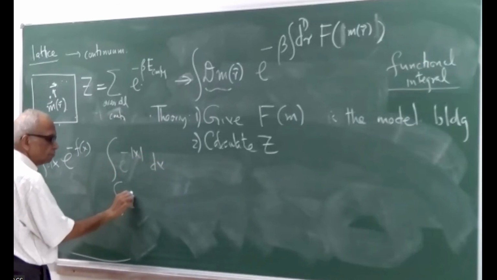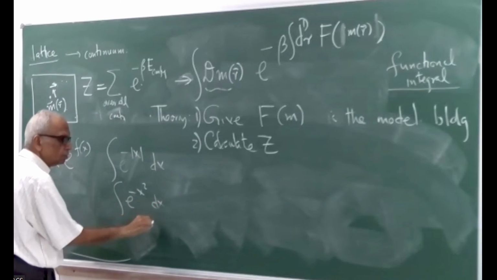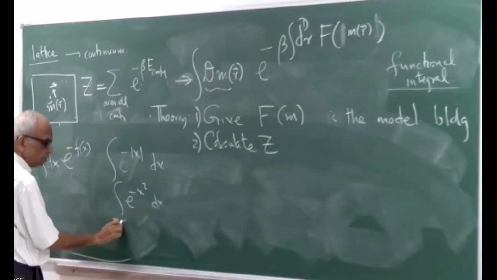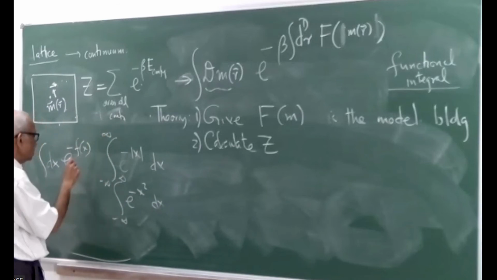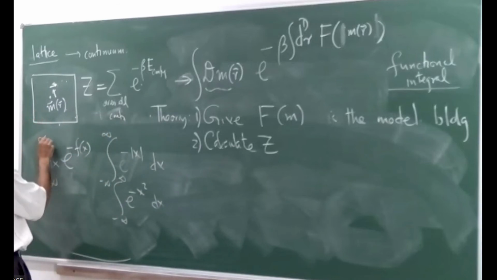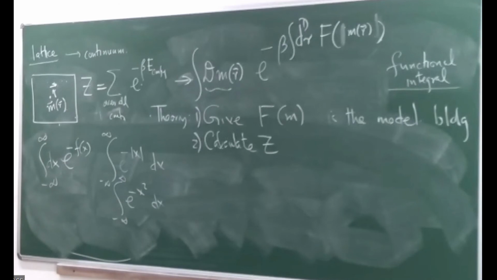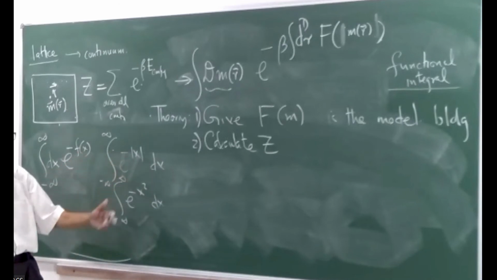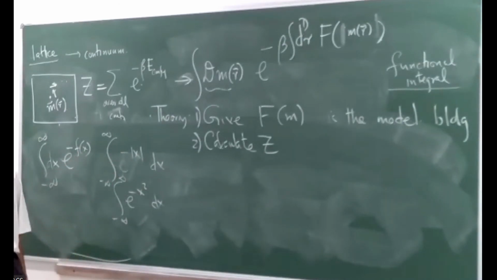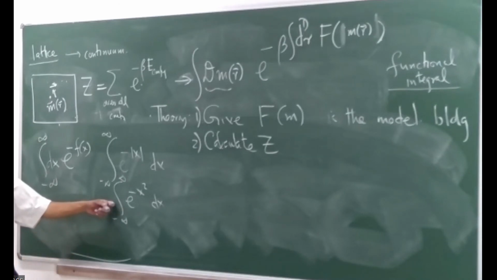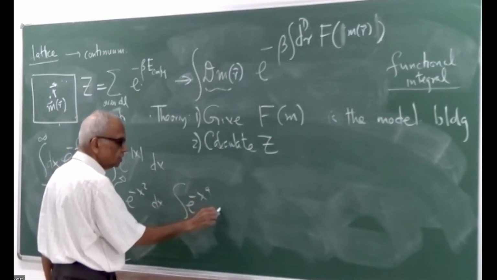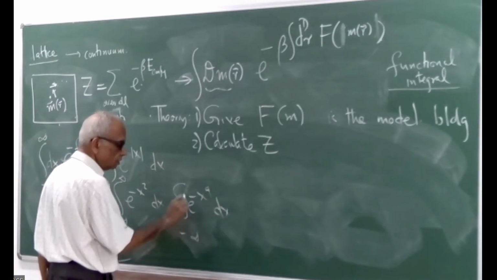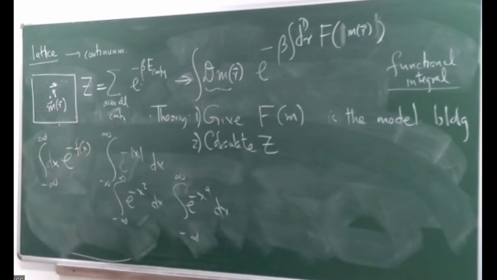E to the power minus x squared dx, not so good. Going from minus infinity to plus infinity, let's say these are all definite integrals. E to the power minus mod x dx, trivial. E to the power minus x squared, non-trivial, but doable. E to the power minus x4 dx, well, you don't know how to do it.